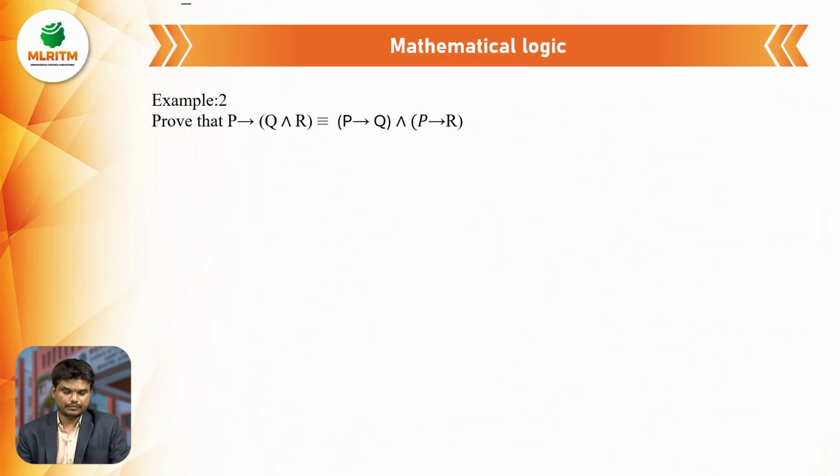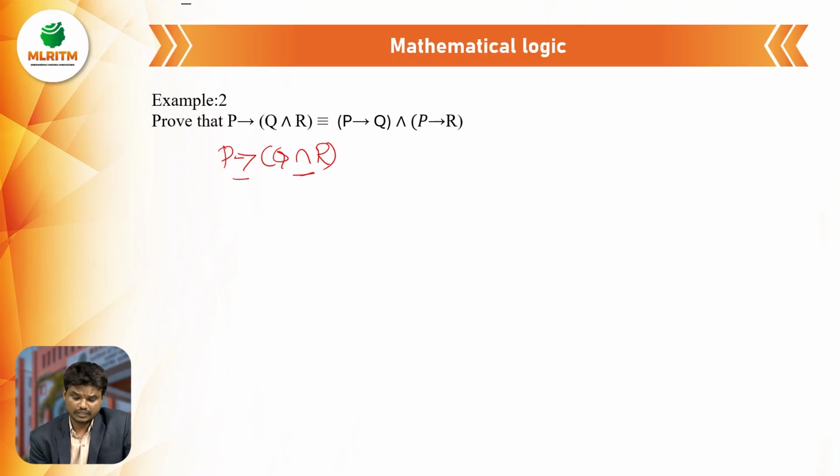Next, second example. By using the second example, prove that P implies (Q and R) is equivalent to (P implies Q) and (P implies R). So we take the LHS: P implies (Q and R). What are the symbols? Implication and conjunction.